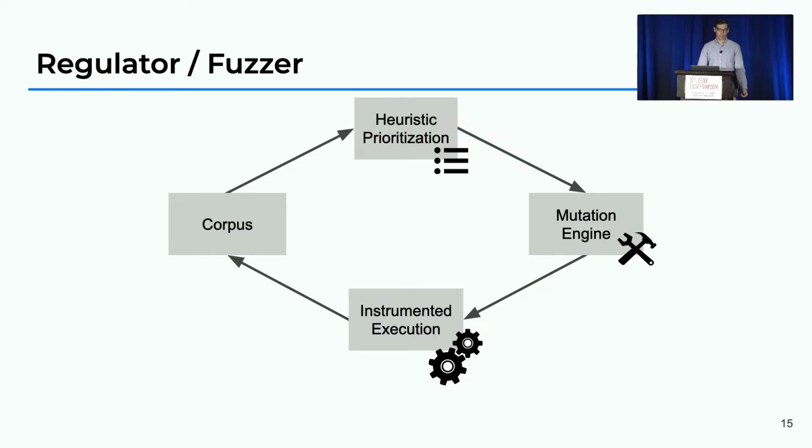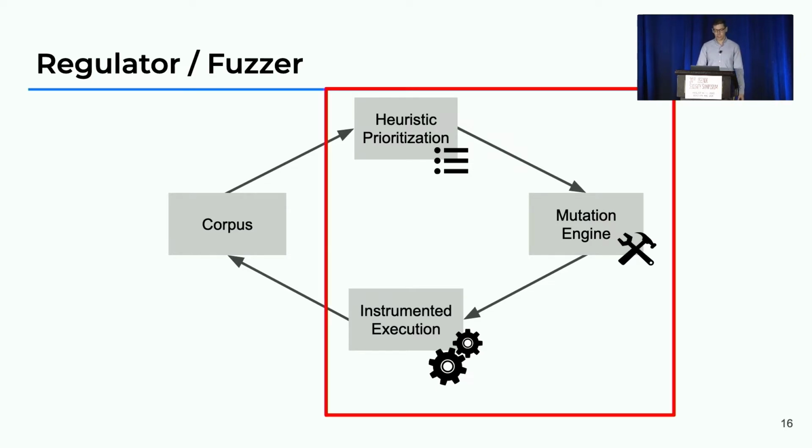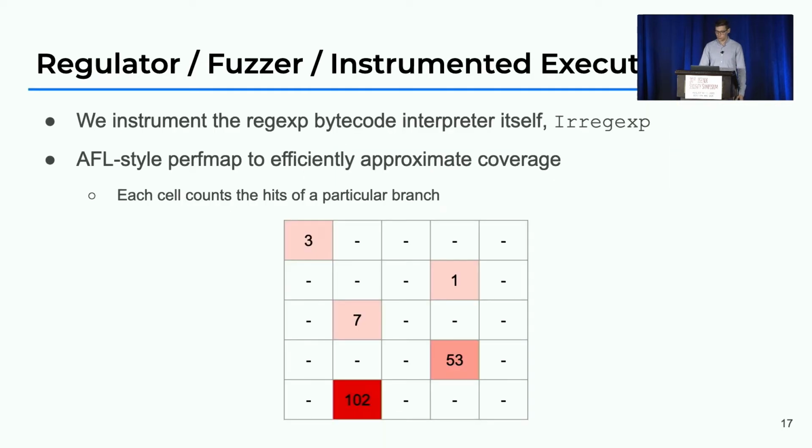This probably looks very similar to everybody who's seen a feedback fuzzing system. I'm going to talk a small amount about these particular components, and for more details, of course, please read our paper. For one, we instrument the execution engine, Irregexp. This is the regular expression engine that is found in Firefox, Chrome, and Node.js, so has fairly widespread use.